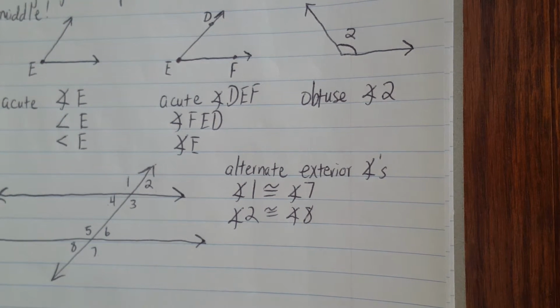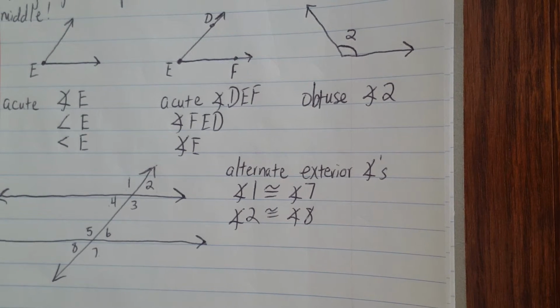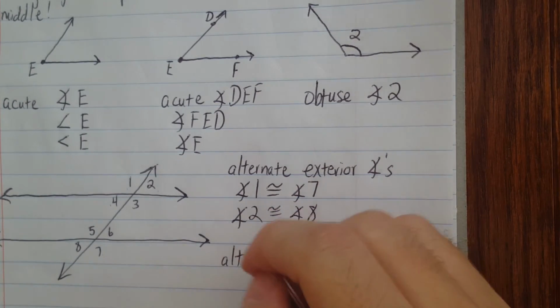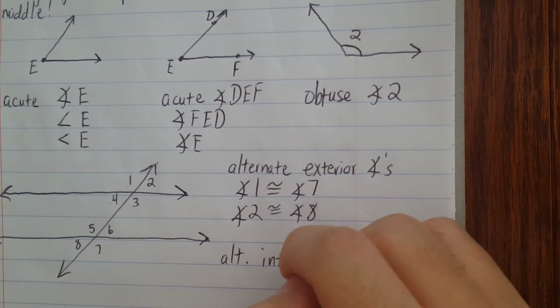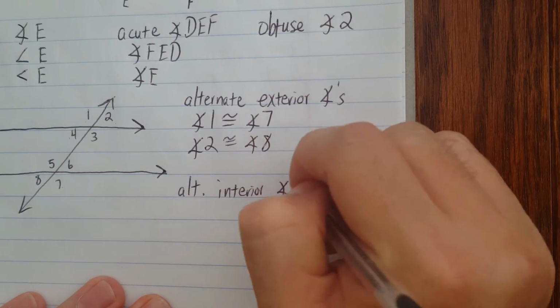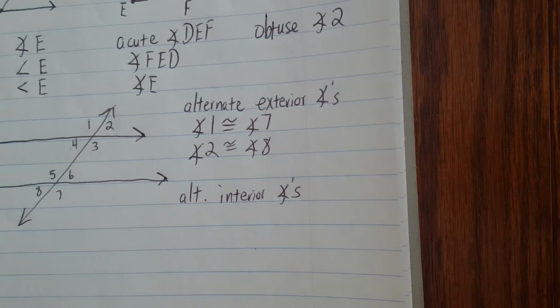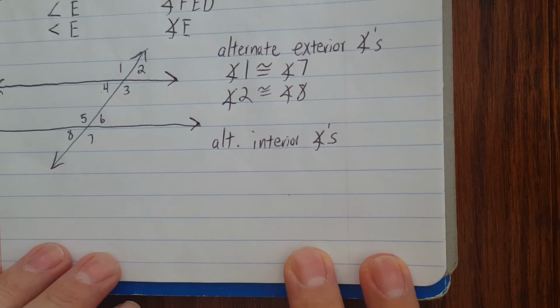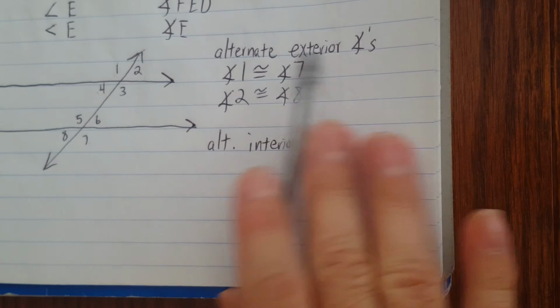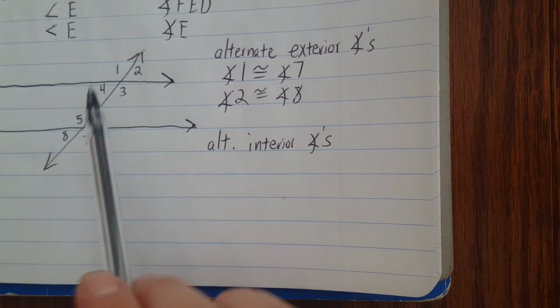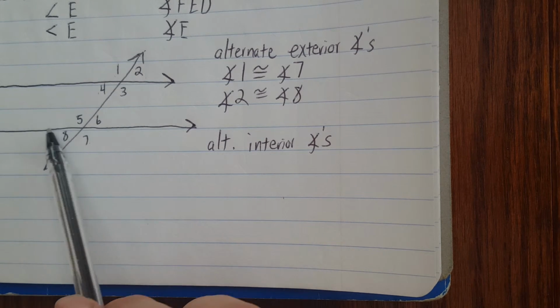But that is not the only relationship of the angles that we have here. We also have alternate, and I will now abbreviate that, interior angles. And with alternate interior angles, we're going to approach this in very much the same way we did alternate exterior. The only difference is we're looking for angles that are inside of the parallel lines.